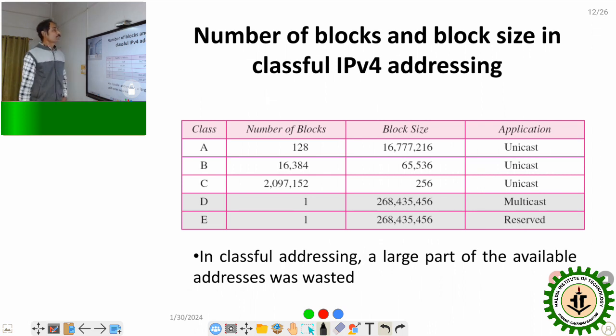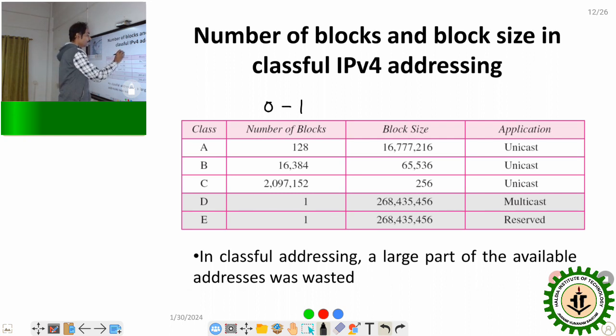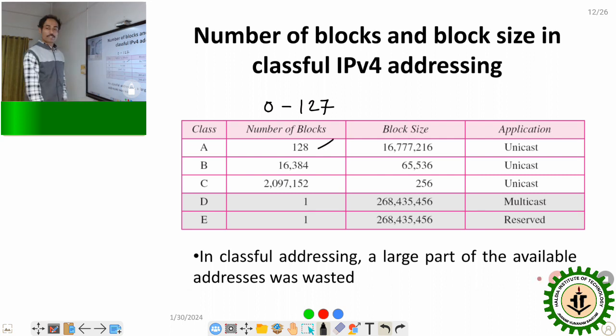And here are the number of blocks and block size in classful IPv4 addressing. For class A, 0 to 127, the total number of blocks including 0 is 128. And how is block size calculated? It is nothing but the number of hosts in the particular block.